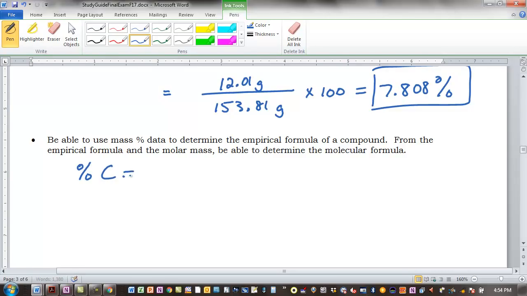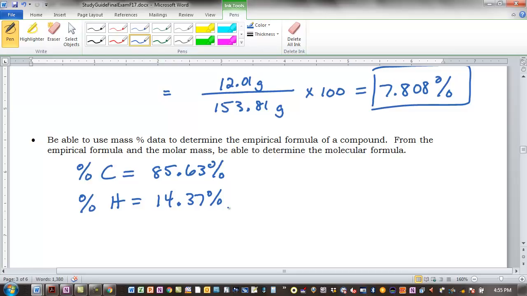Percent carbon. So you have a compound that's just composed of carbon and hydrogen.